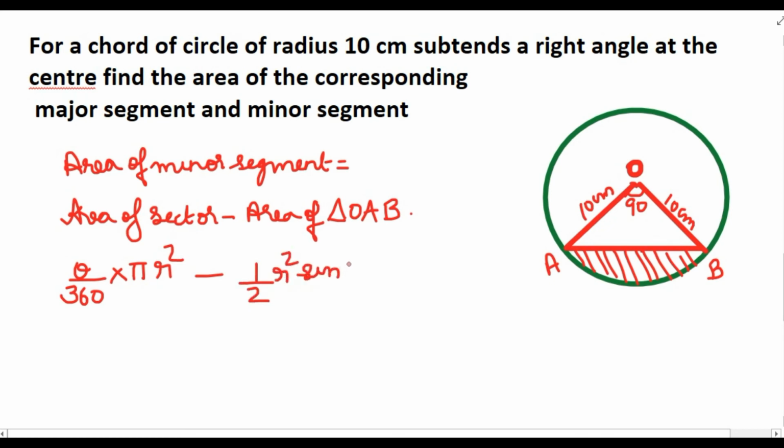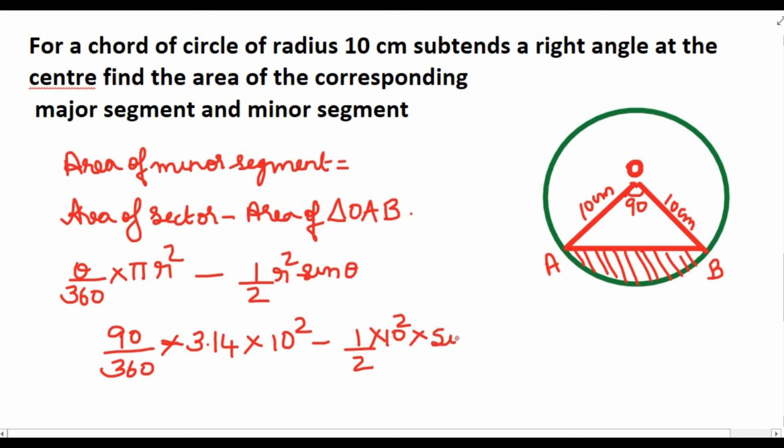So theta is 90 by 360, and since the radius is 10, I can use pi as 3.14 into 10 square, for easy calculation, minus half into 10 square into sine 90.